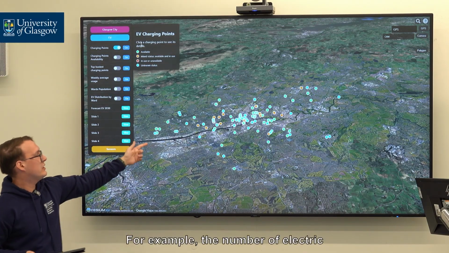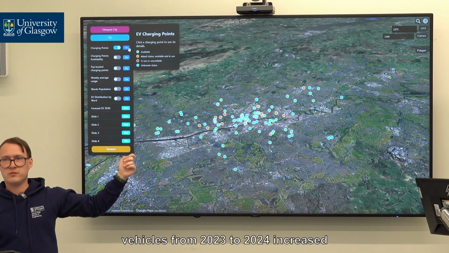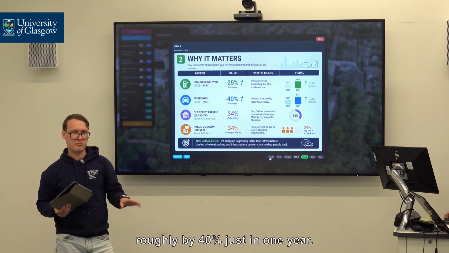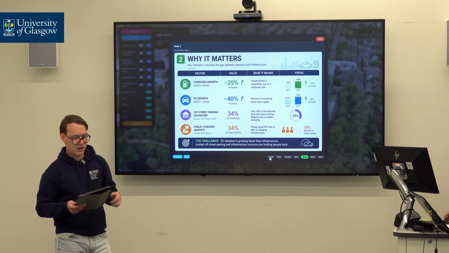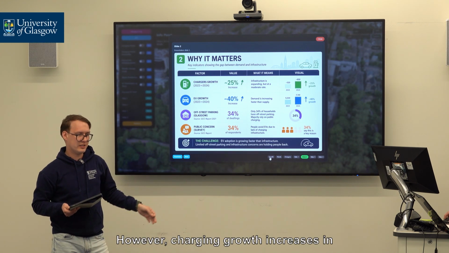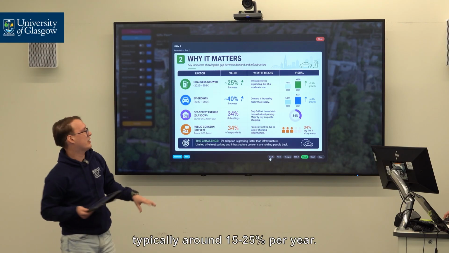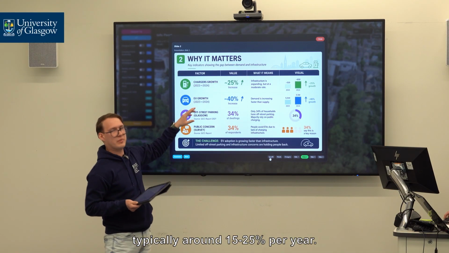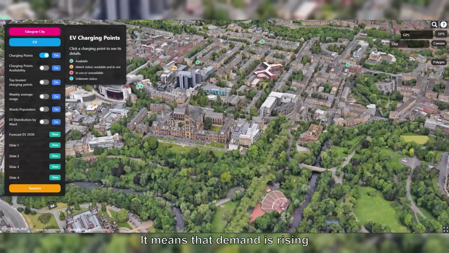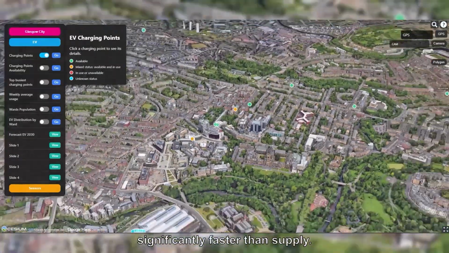For example, electric vehicle numbers from 2023 to 2024 increased by roughly 40% in just one year. However, charging growth increases at much slower rates, typically around 15–25% per year. It means that demand is rising significantly faster than supply.